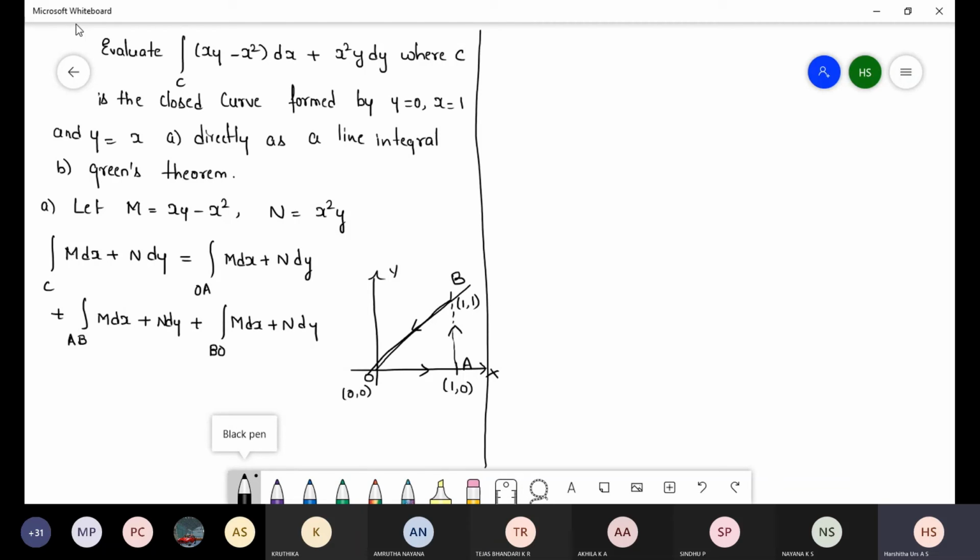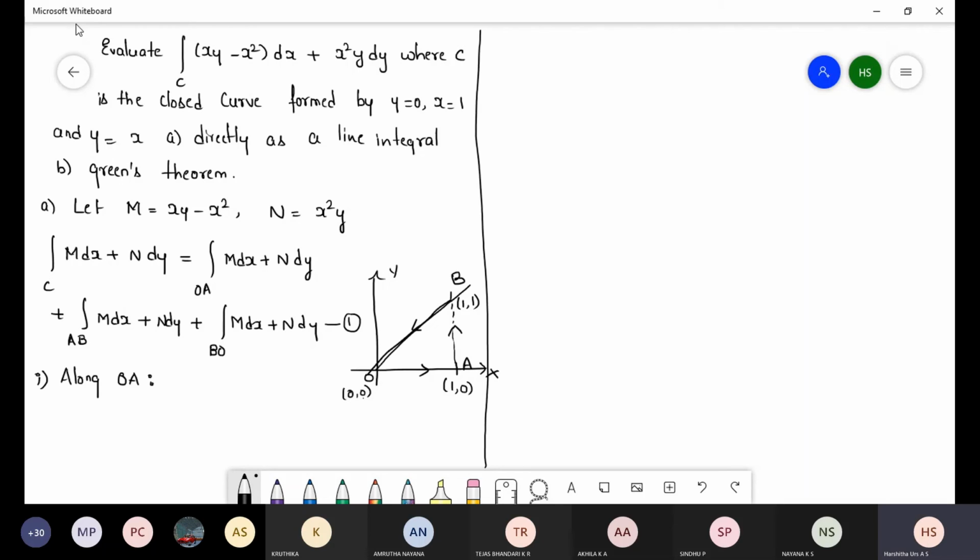Now we have to find the first one, that is O to A. This one I can call as equation 1. Along OA, which is the common point we are finding in the OA curve.